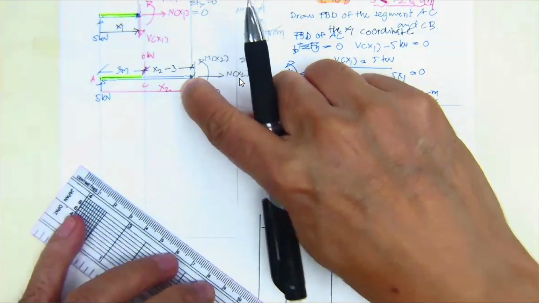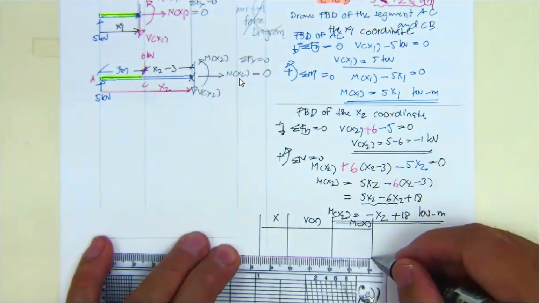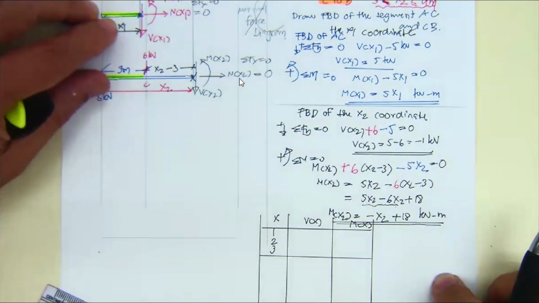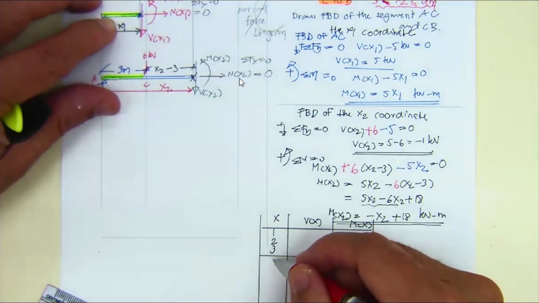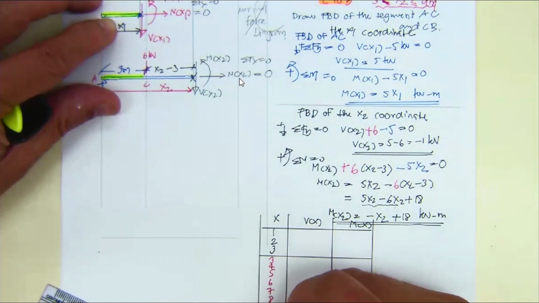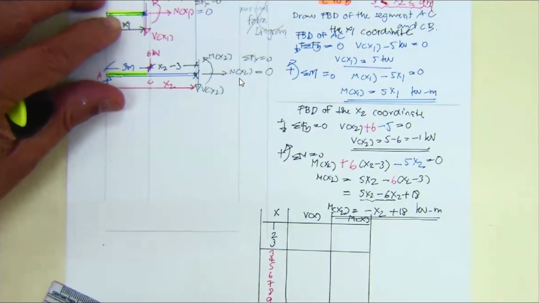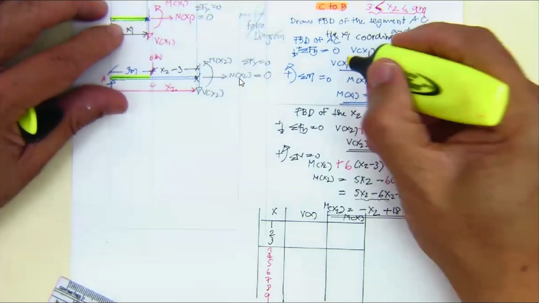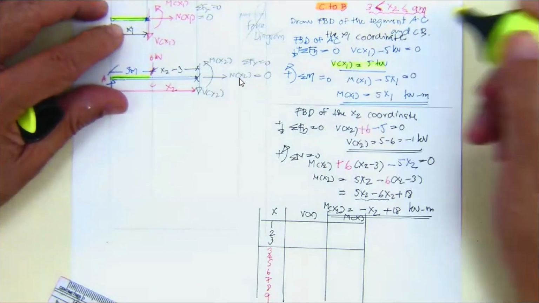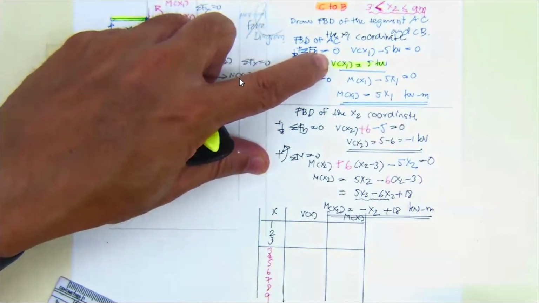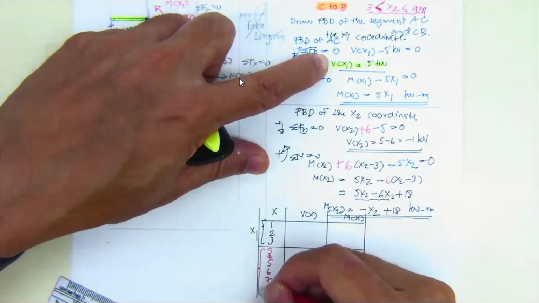I can put this one: 1, 2, 3, that's for x1. And then for x2, 3, 4, 5, 6, 7, 8, 9. You separate them into two portions. And then based upon A to C, you have this equation from A to C. You can see V sub x1, this is going to be for x1, and this is going to be for x2.